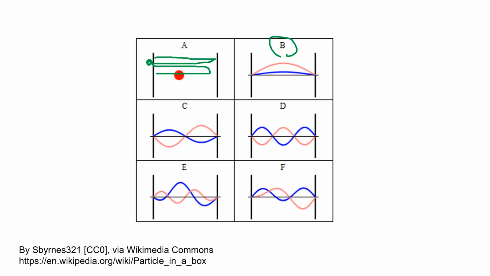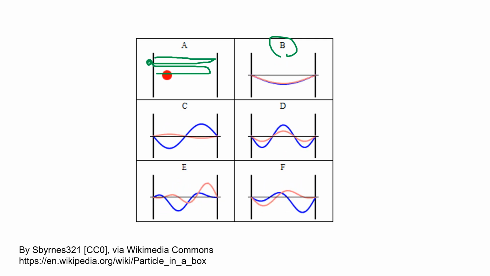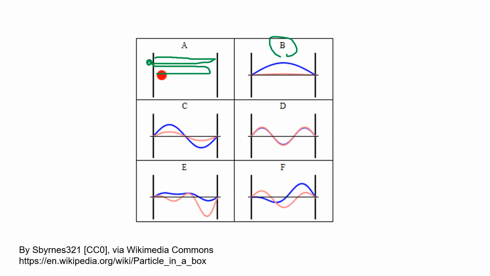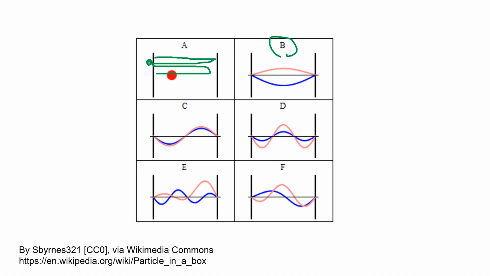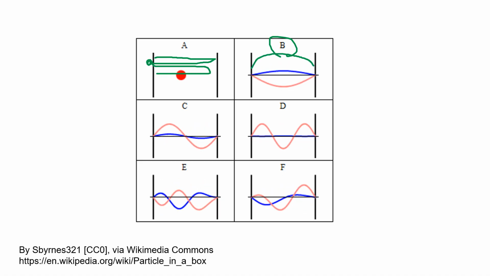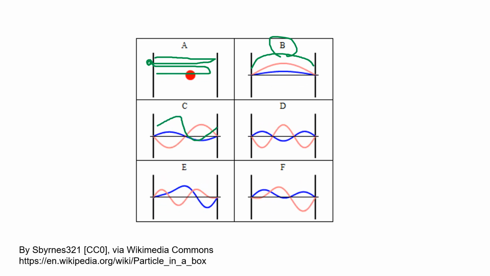In quantum mechanics, especially when the particle is very small, like an electron, the electron behaves more like a wave rather than a particle. The electron can occupy one energy state like this, and then it can form another energy state with one node like this.